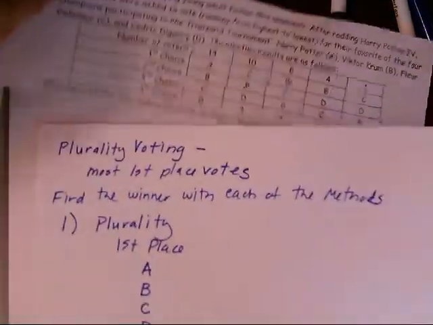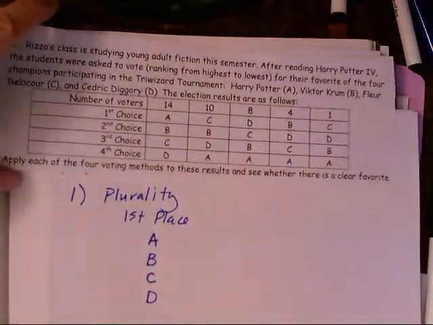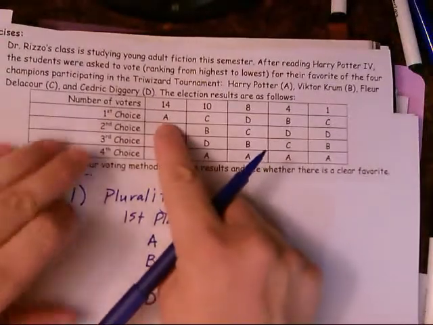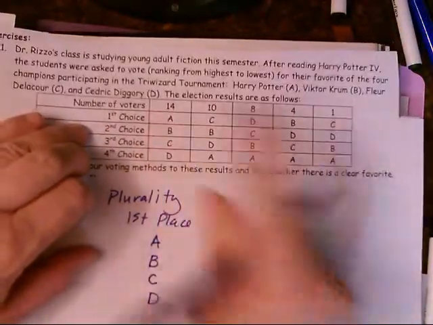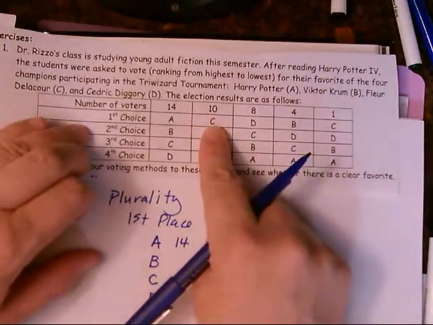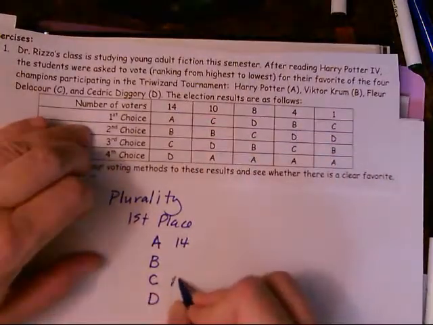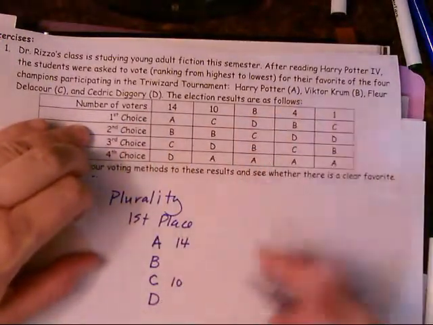Now I'm going to look at the table. I'm going to slide this down over what I've written, and I'm going to look only at the first place votes. First place. Candidate A receives 14. Candidate C receives 10. First place, candidate D receives 8.